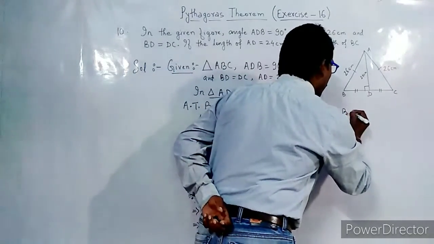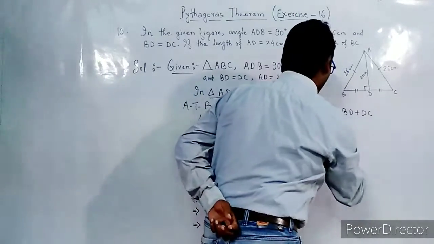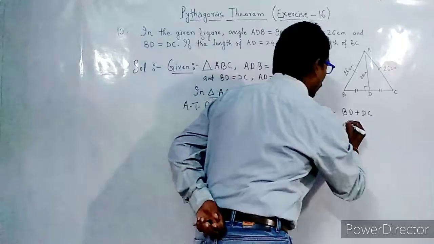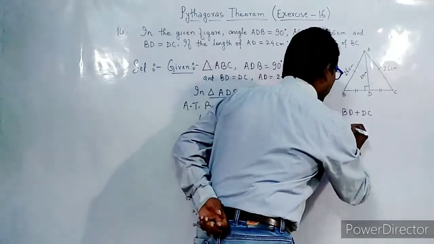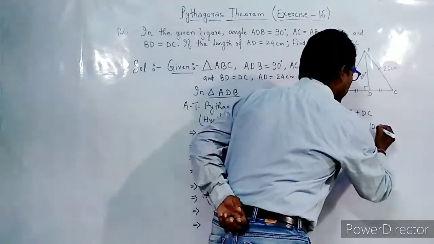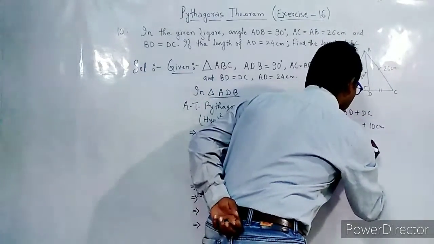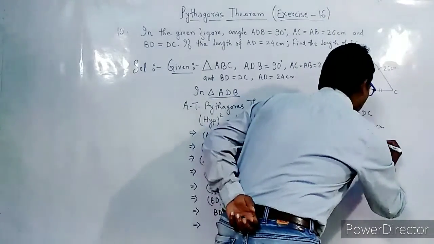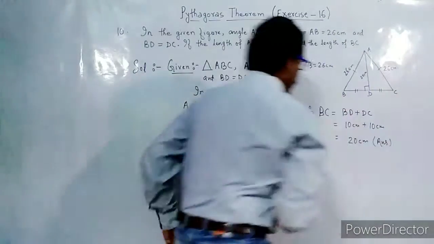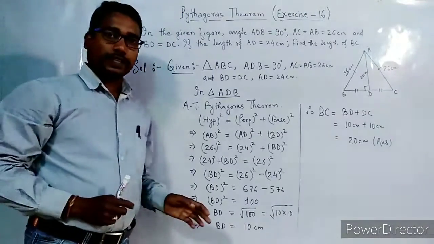Here BD is 10 centimeters and DC is also 10 centimeters. Add them, you get 20 centimeters. So this is the answer: BC equals 20 centimeters. Hope it's clear.